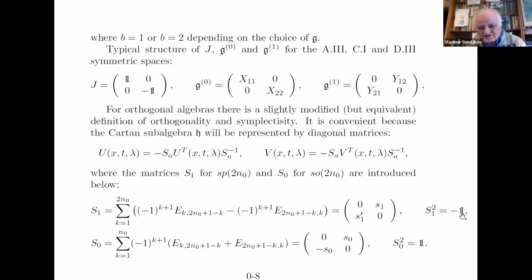This is for the symplectic algebras. For the orthogonal algebras of even dimension, we have this form of the capital S0, and S0 squared must be equal to +1. This is the basic difference between the symplectic and orthogonal algebras.